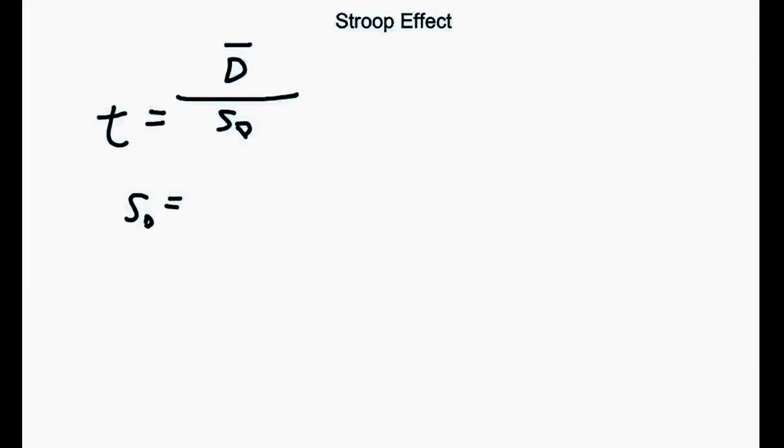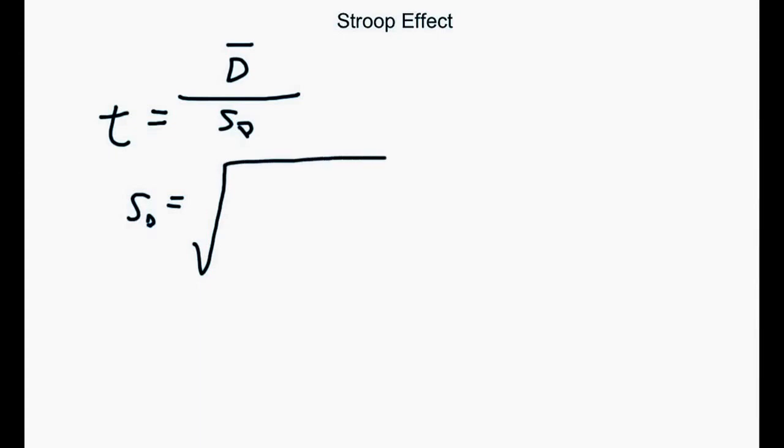Our t for paired samples is the average difference between 2 groups, that's the D bar, the mean difference, divided by the standard error of the difference, that's S subscript D. And the formula for the standard error of the difference is the square root of the sum of the difference squared divided by n, minus the mean difference squared, all over n minus 1.